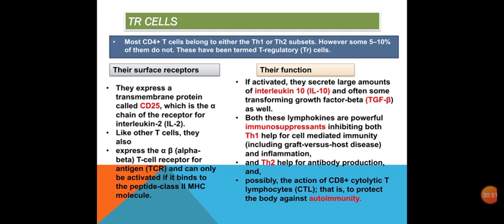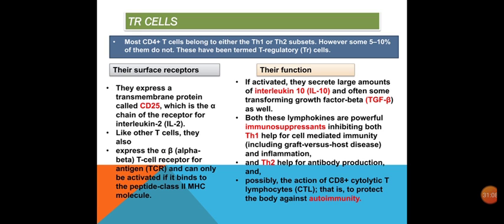TR cells. Most CD4 T cells belong to either T helper 1 or T helper 2 subsets. However, some, from 5 to 10% of them, do not. These have been termed T regulatory cells.